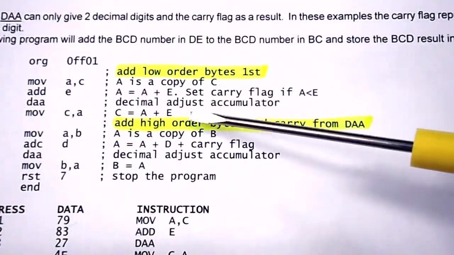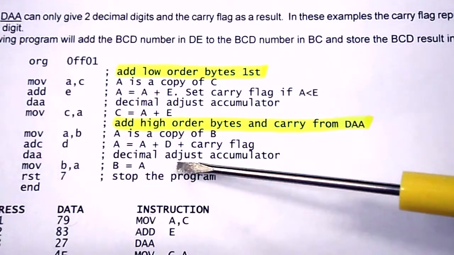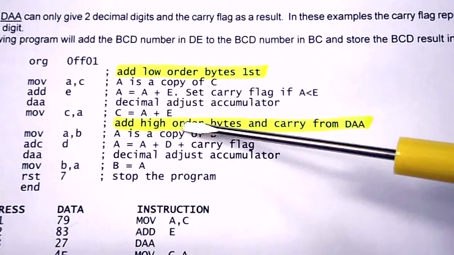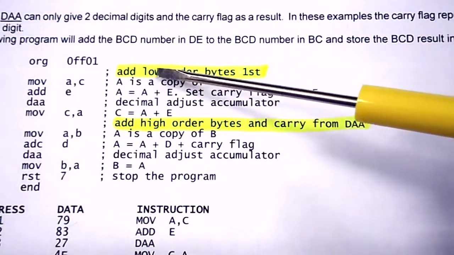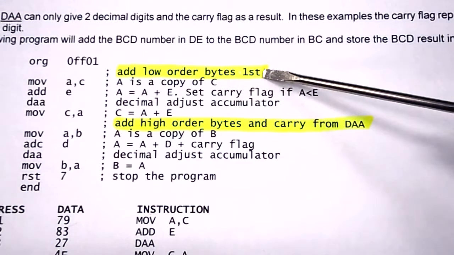Looking at the code for today's lesson, you can see it's broken down into 2 parts. We're going to add the low order bytes first.